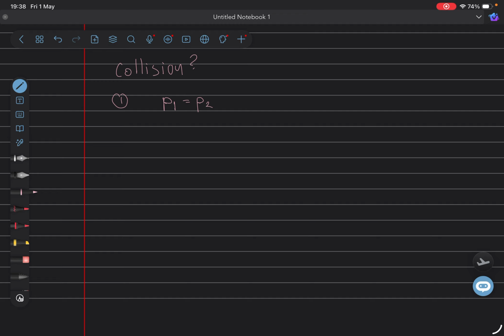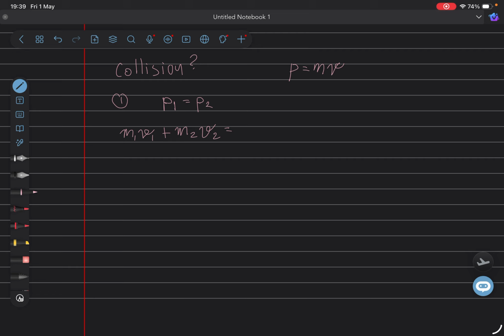So P1 can be written as m1 times the velocity of object 1. Momentum is P equals mv, mass times velocity, and then mass of object 2 times velocity of object 2. So that's the initial momentum.